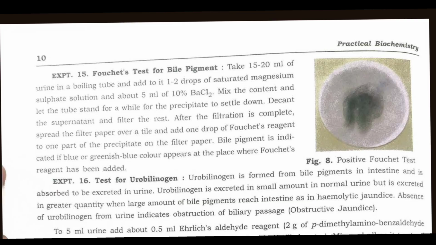To 5 ml urine, add about 0.5 ml Ehrlich aldehyde reagent.